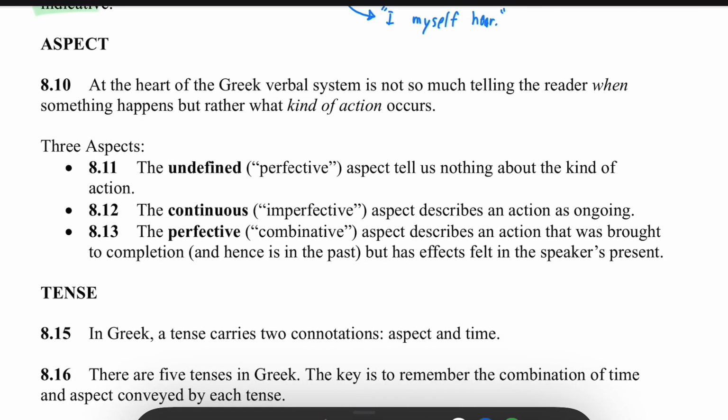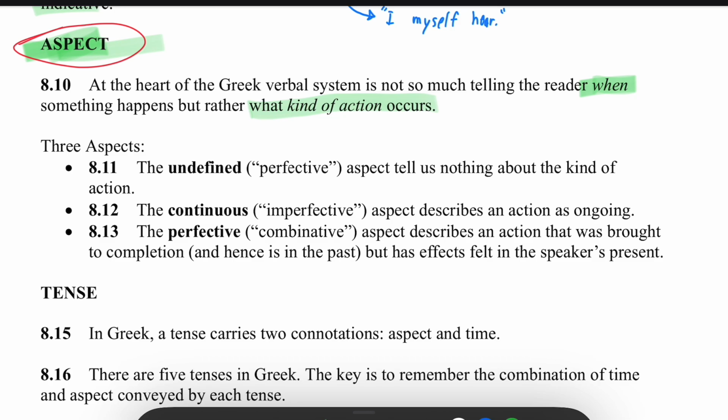All right, we come now to the idea of aspect in the Greek, and this is really critical. This is a very important aspect, no pun intended, of Greek to understand. At the heart of the Greek verbal system is not so much telling the reader when something happens, but rather what kind of action occurs.